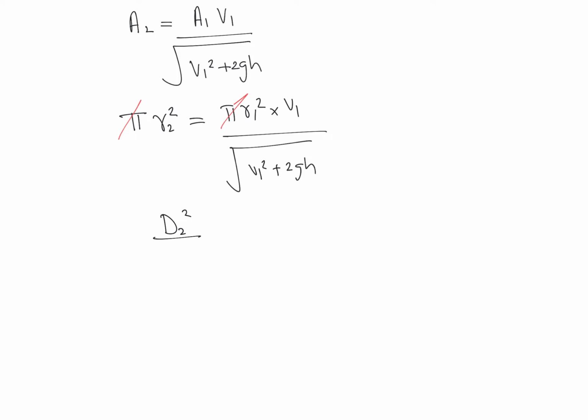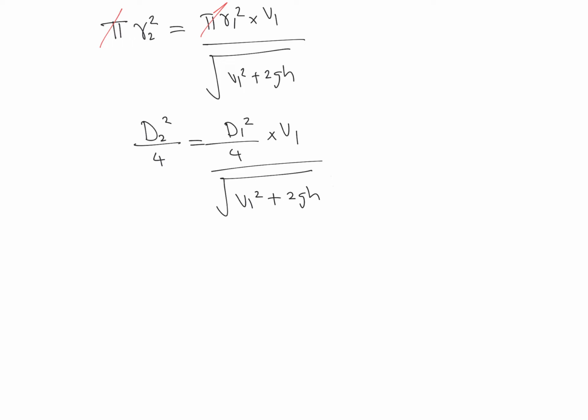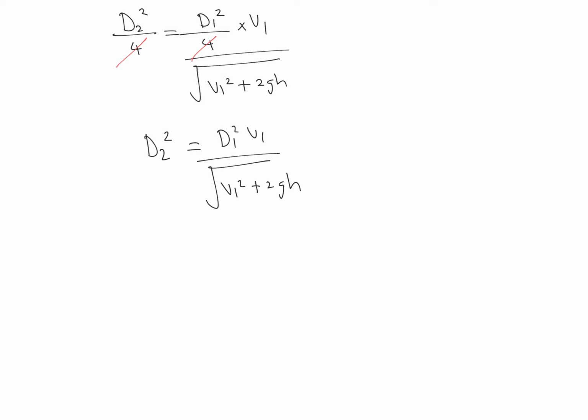We know that radius is diameter divided by 2, so d2 square divided by 4 is equal to d1 square divided by 4 into V1 divided by under root of V1 square plus 2 into g into h. So we can cancel this 4 and this 4 over here. So the value of d2 square can be written as d1 square into V1 divided by under root of V1 square plus 2 into g into h.